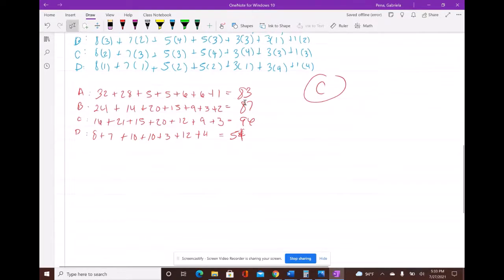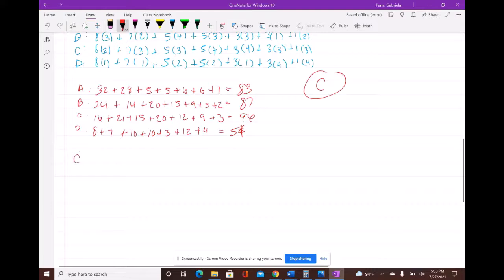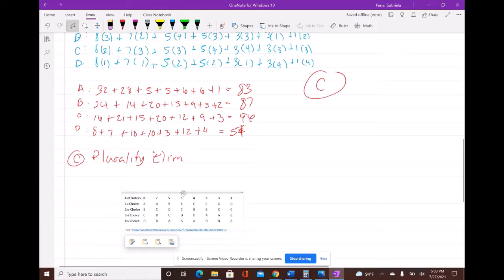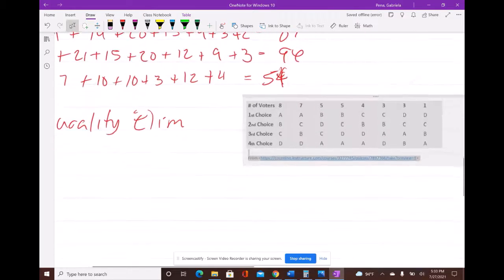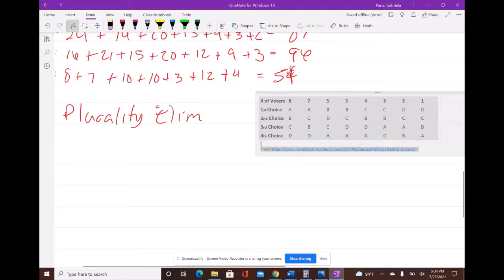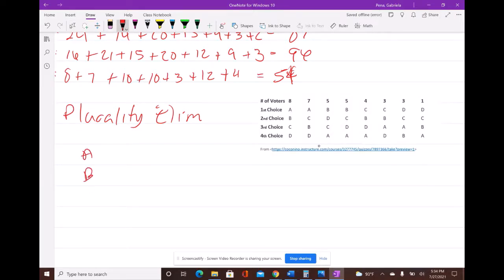And then we have to do now something similar, but the plurality elimination. Now that one, the way it goes is you're just looking for the first place. So we look at it now, and when I see A, B, C, and D, it goes back to the first one.